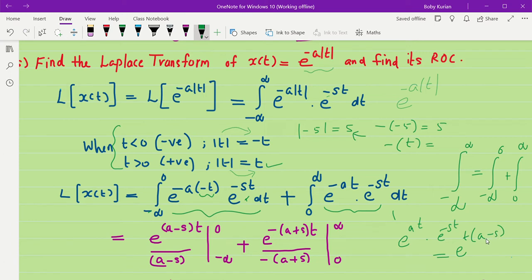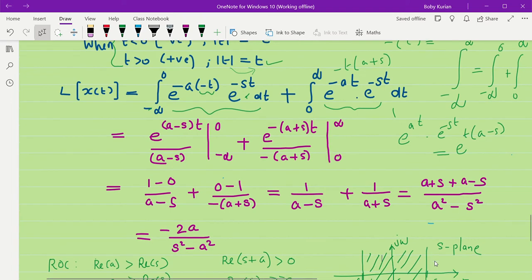For the second part, we take minus t out, giving minus of a plus s into t. Then we integrate, applying the upper limit and lower limit.